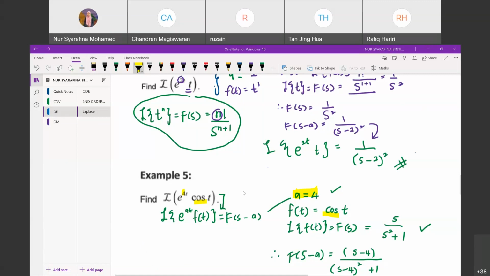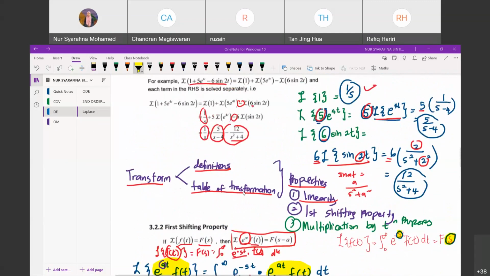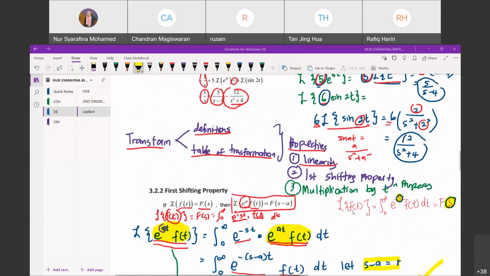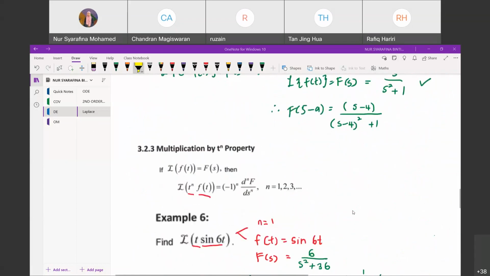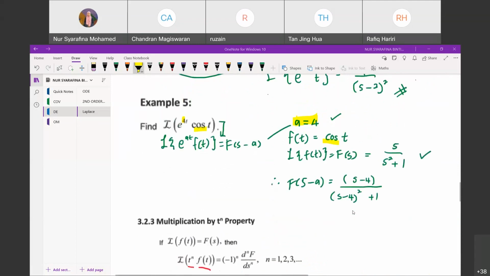Okay. So another property for today is linearity and first shifting, and multiplication by t to the power of n. In multiplication by t to the power of n, the function is in terms of t times f(t), t to the power of n times f(t).